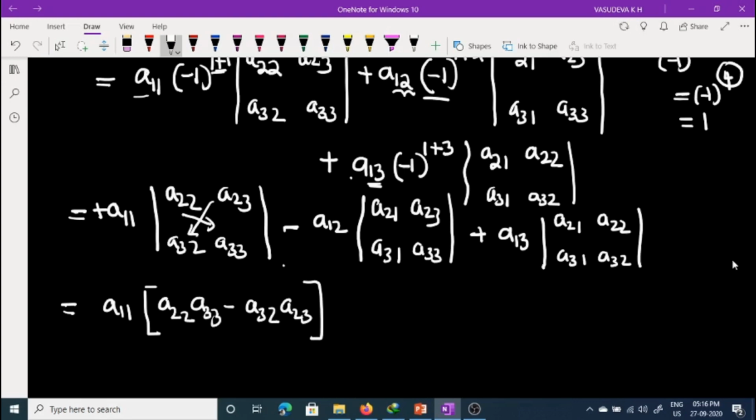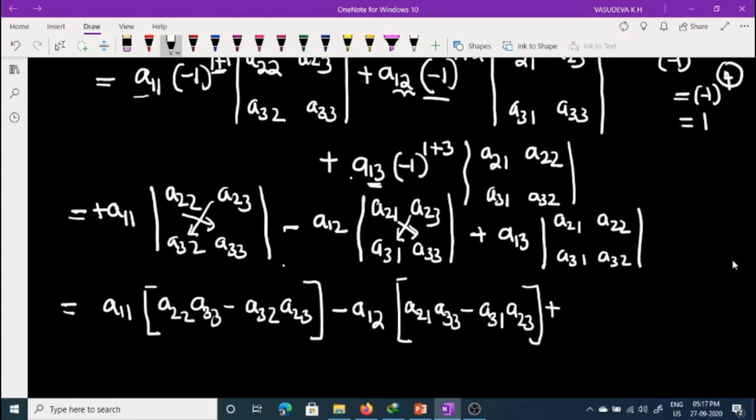Now minus A12 into determinant of A21, A23, A31, A33, multiplying the elements crosswise, that is A21 into A33 minus A31 into A23.